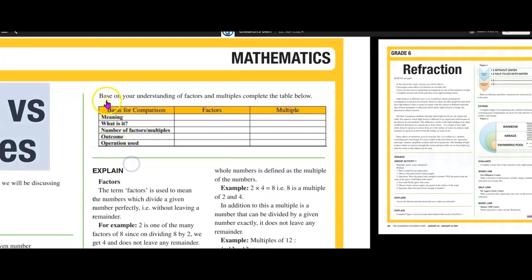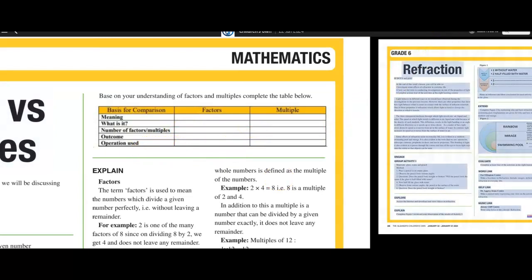Let's move on. Based on your understanding of factors and multiples, complete the table below. Meaning, factors, these are numbers that can divide another without leaving a remainder. And multiples, those would be the results of multiplication. Okay, so what it is, number of factors, outcome, operations used.